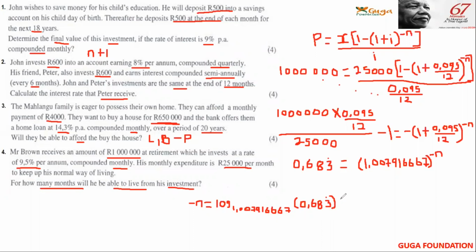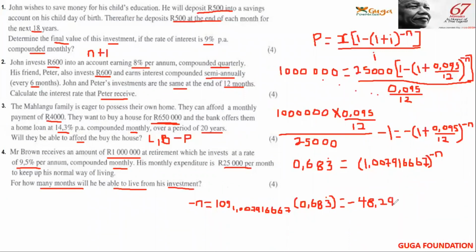Which is, you can just use a calculator. This will give you minus 48.29.